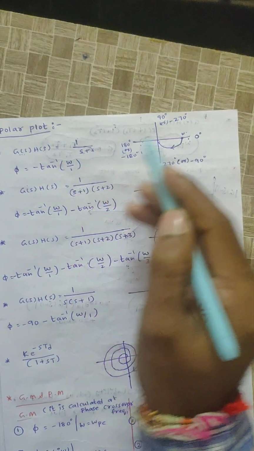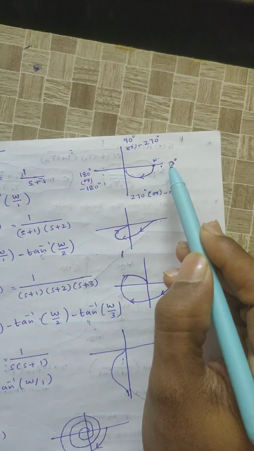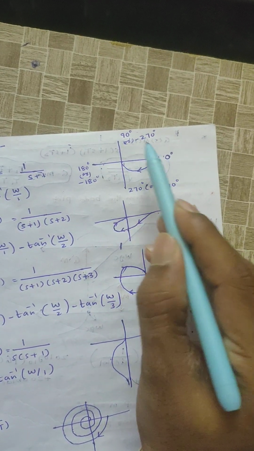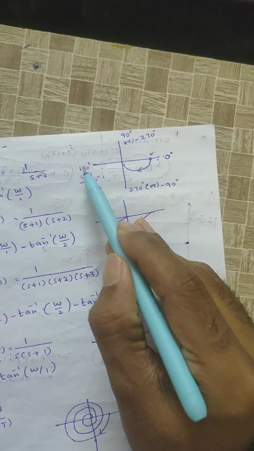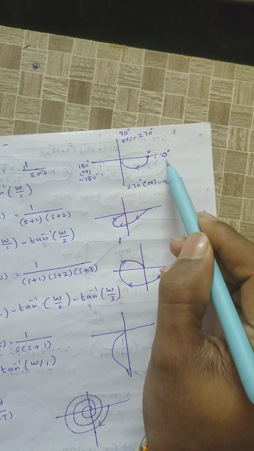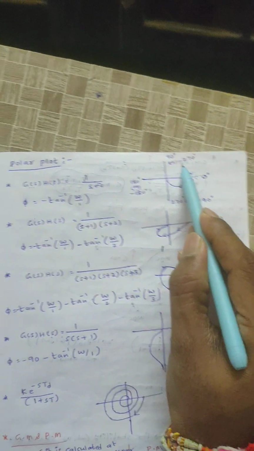Now to draw the polar plot we need to consider the angle. In the anticlockwise direction the angles are 0 degrees, 90 degrees, 180 degrees, 270 degrees. In the clockwise direction the values are negative: 0, minus 90, minus 180, minus 270. You can remember this point.